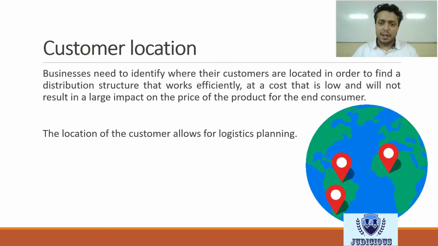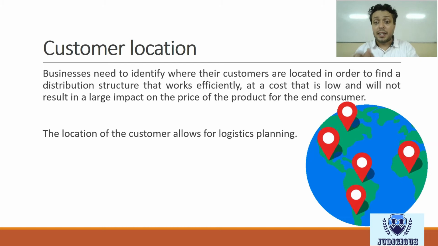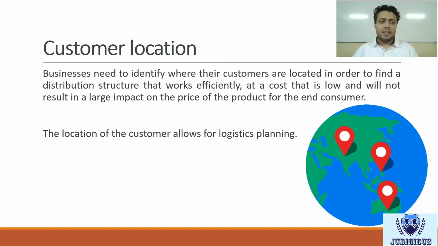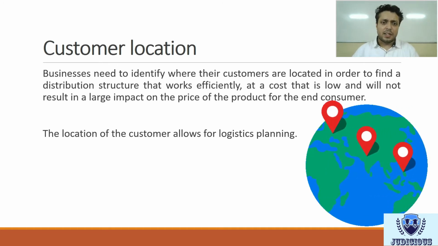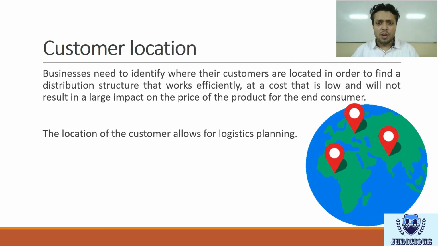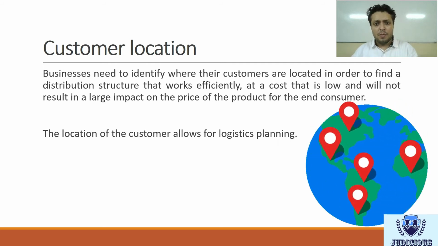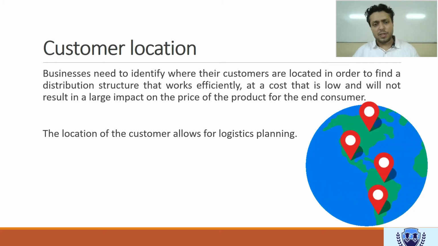So ultimately, the burden would be borne by the end consumer. So it's better that instead of doing this, why don't we choose such a distribution network that the distribution costs are low, therefore this low cost will lead to reasonable final pricing of the product for the end consumer.